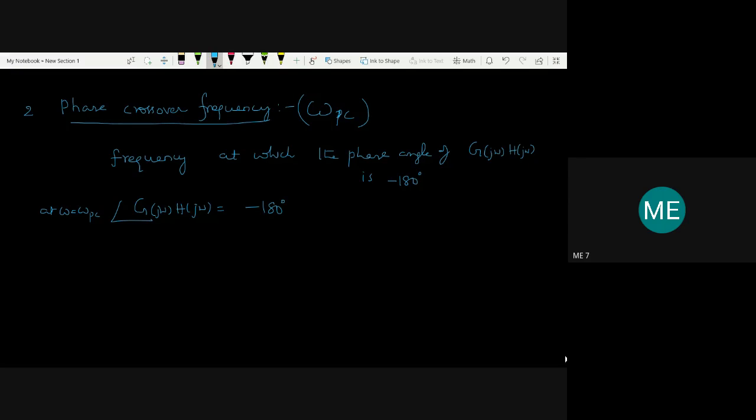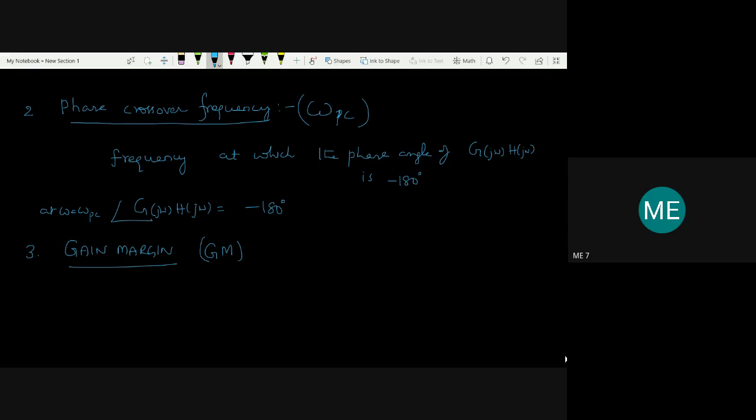Next, third one is gain margin. Gain margin is represented as GM. So here in the root locus, what we have done: as the system gain increases, the system stability reduces, and for a certain value of K it becomes marginally stable, and for certain values of K it will become unstable also.